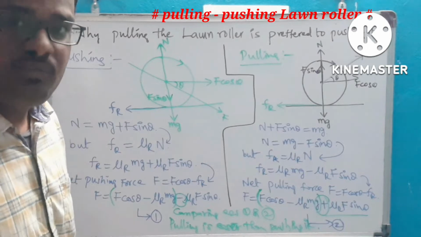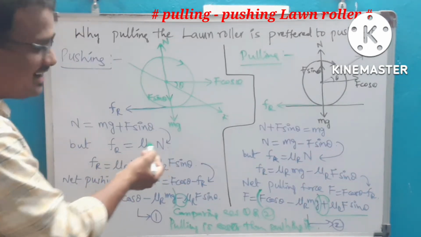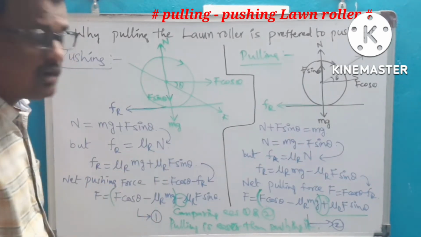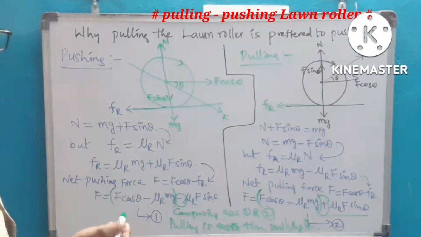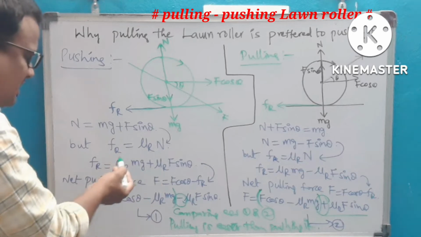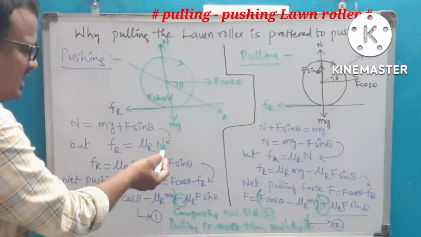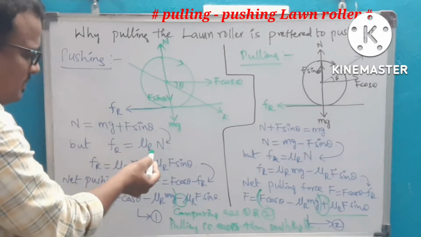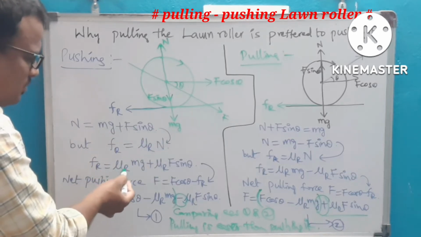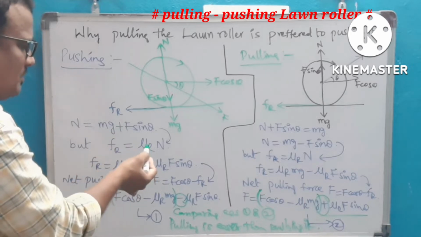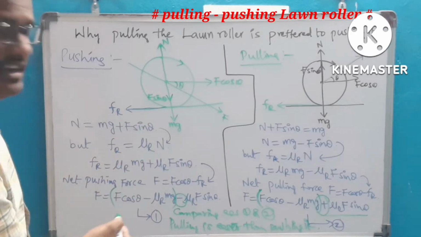The rolling friction Fr equals mu r into N. Here mu r is the coefficient of rolling friction and N is the normal reaction force. We know that relation. Okay. So in place of N we can substitute the above equation. Therefore Fr equals mu r into mg plus mu r into F sin theta.